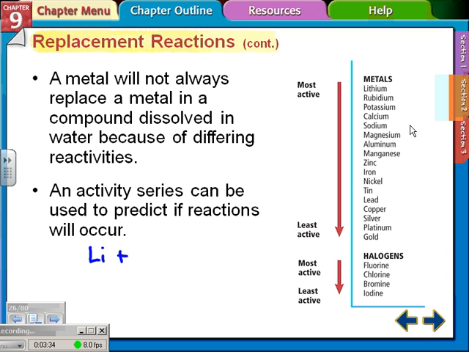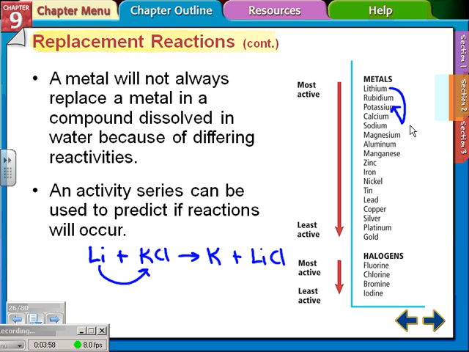Let's say I want to react lithium with potassium chloride. Lithium is higher on the activity series than potassium is. Therefore, this reaction will take place. Lithium will go in here, it will replace the potassium, and potassium will now be by itself, and lithium chloride will be the other product.